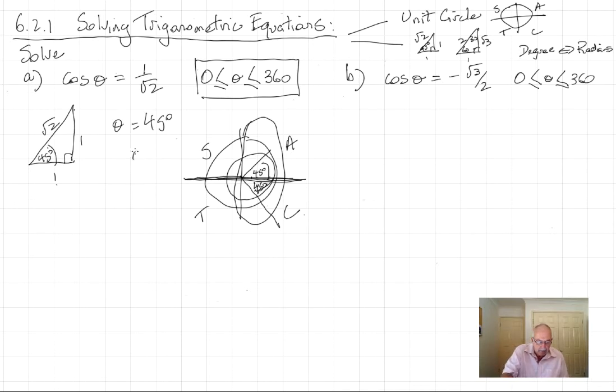So there are 2 answers, 45 degrees or 360, which is going all the way around, and then you come back 45. And 360 minus 45 is 315 degrees.